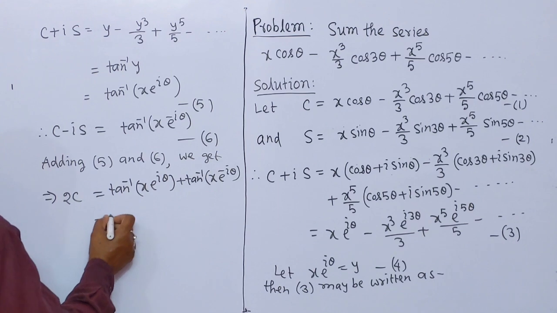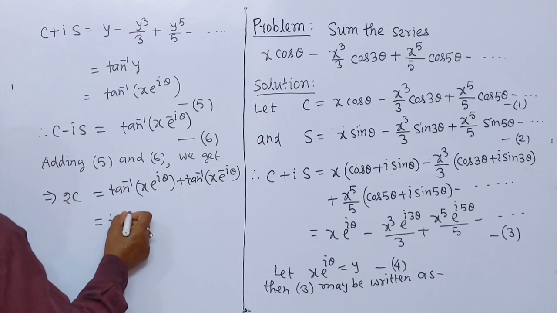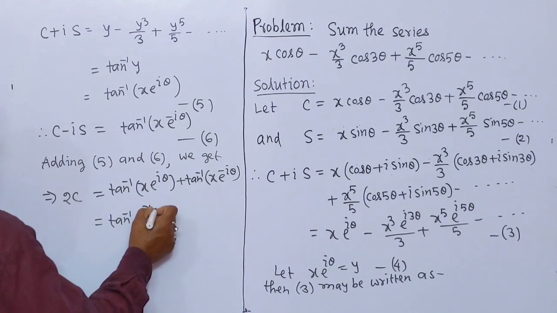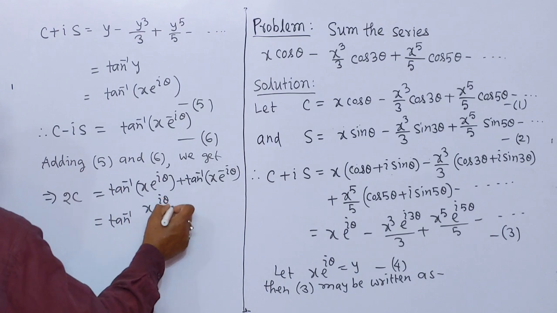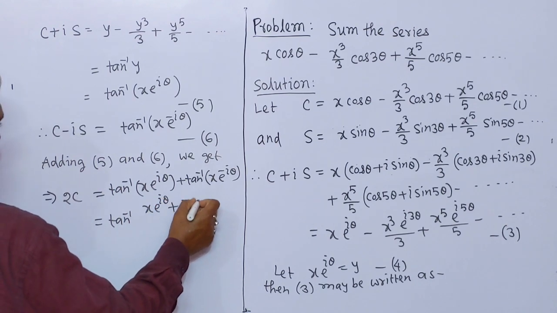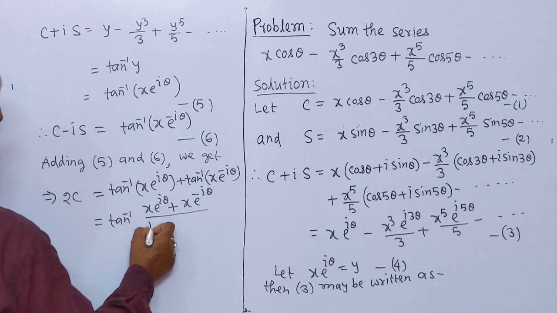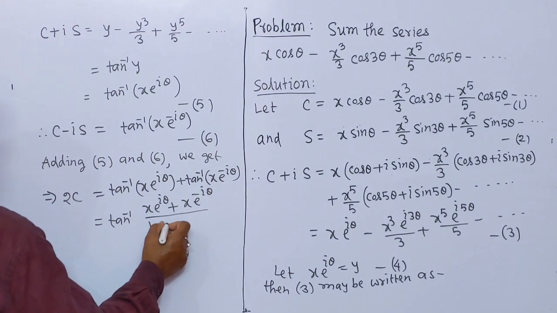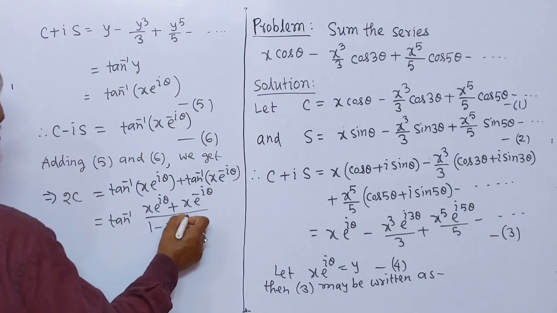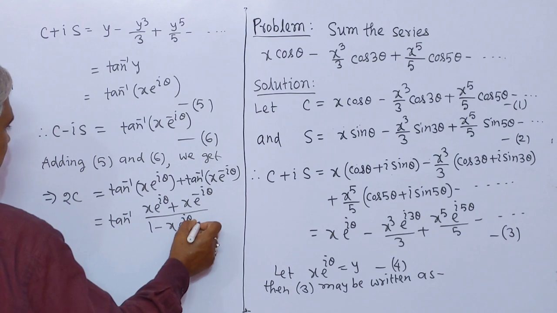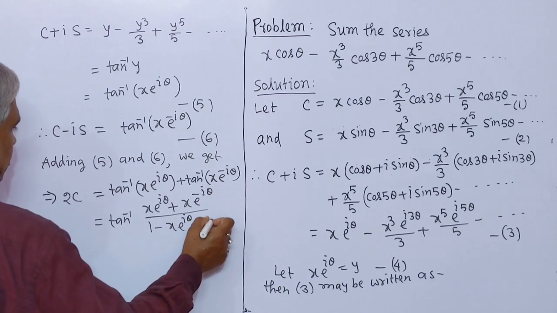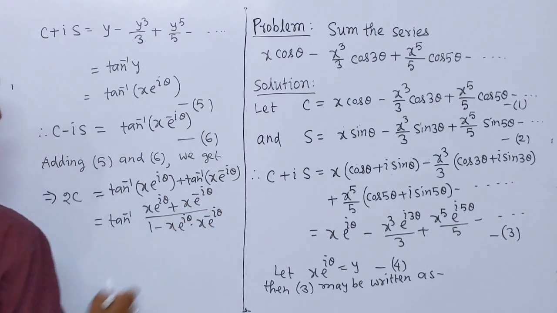This is equal to tan inverse of x e to the power i theta plus x e to the power minus i theta, by 1 minus x e to the power i theta multiplied by x e to the power minus i theta.